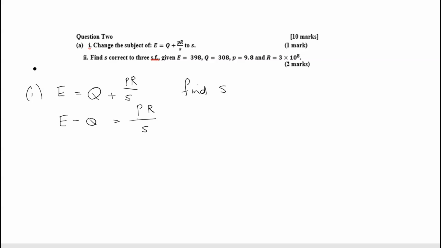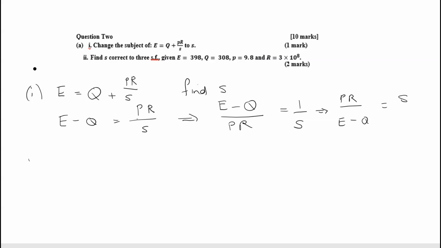Now at this stage the thing that we want is on the bottom, so we could divide by P, in fact divide by P and R, that doesn't give us quite what we want, so we could then flip both sides. Now, there are a variety of ways that you could do that, that's fine.